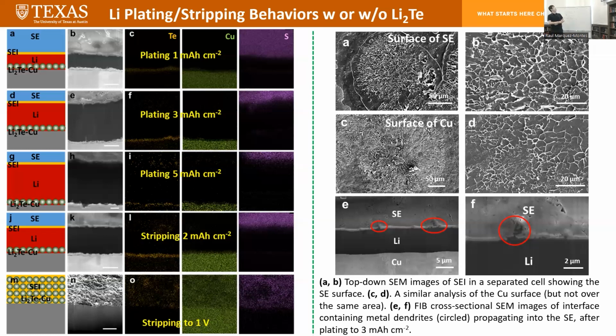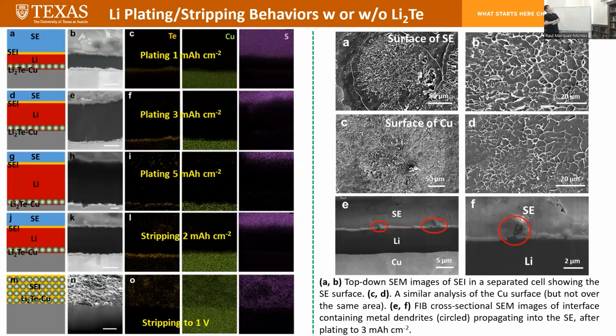So, on the left side is a schematic of the stack of the cell. On the top, you have the solid electrolyte, which is sulfide, one of the most common solid electrolytes.